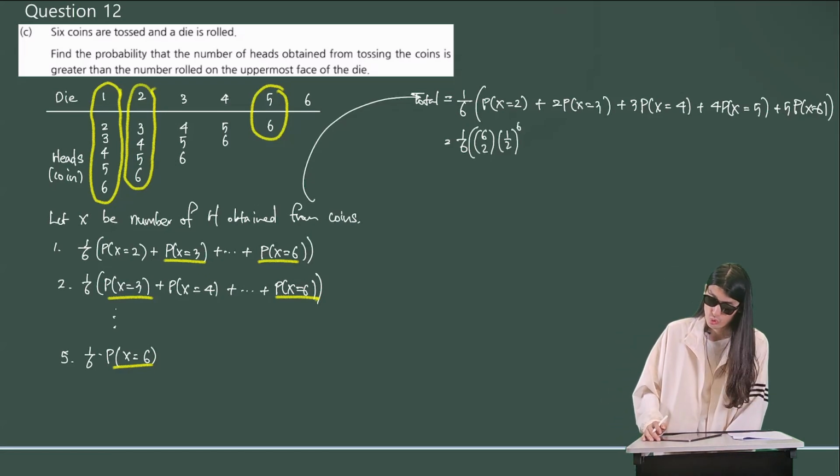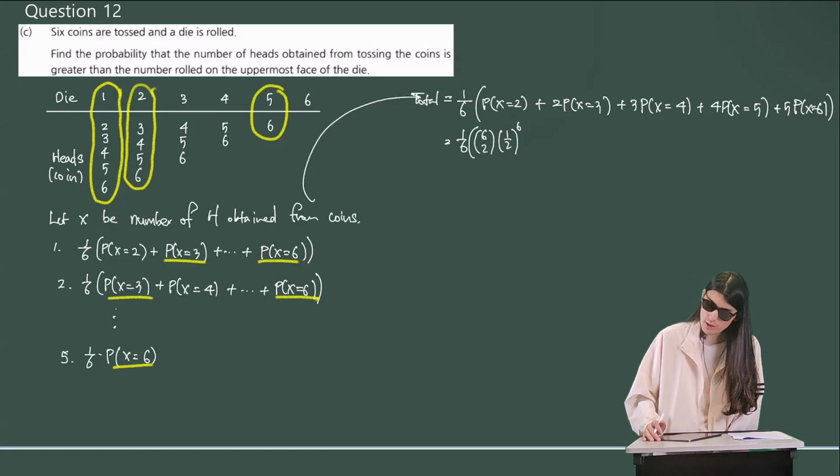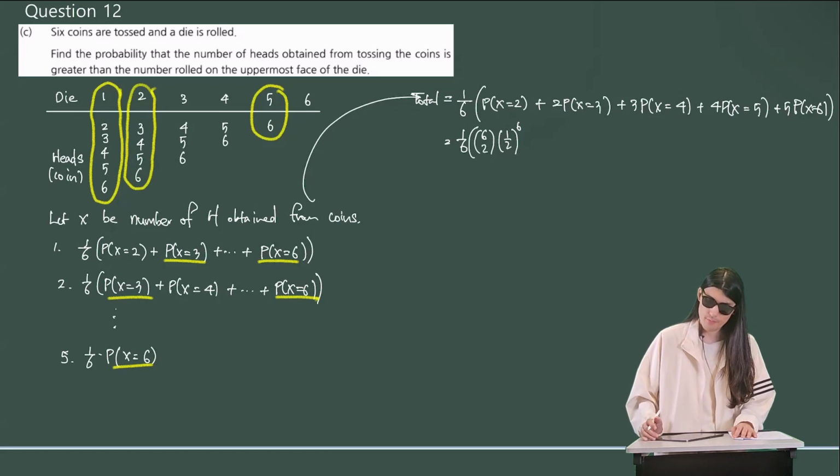Choosing 2 out of the 6 coins to land on heads. The other 4 would, of course, be tails. But the chance of a coin landing on head and tail are both half. They're the same. So 6C2 half to the power of 6.